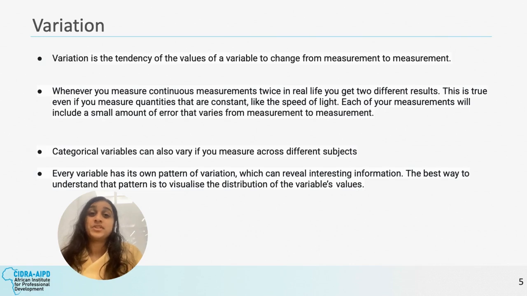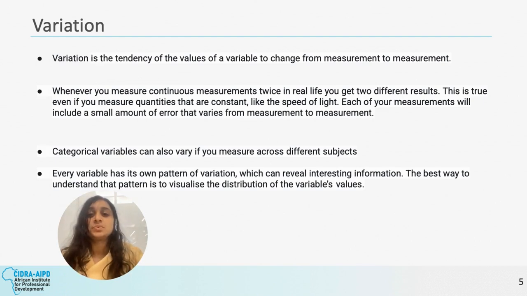So let's start with what is variation. Variation is a tendency of values of a variable to change from measurement to measurement. Whenever you measure continuous measurements twice in real life, you get two different results. This is true even if you measure quantities that are constant, like the speed of light.